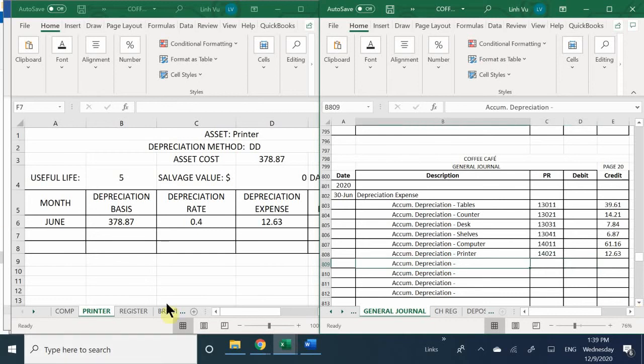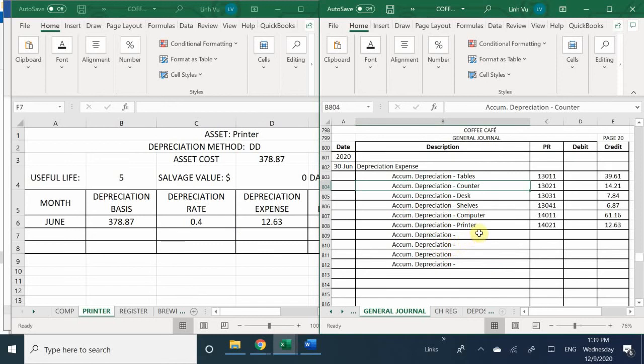Good. Now, what is next? Register. Yes, register. Okay. Account number?